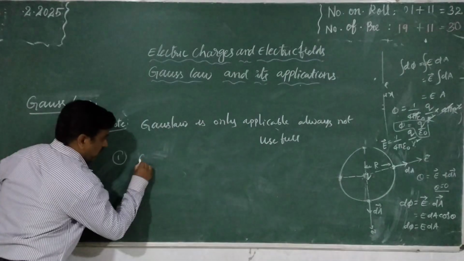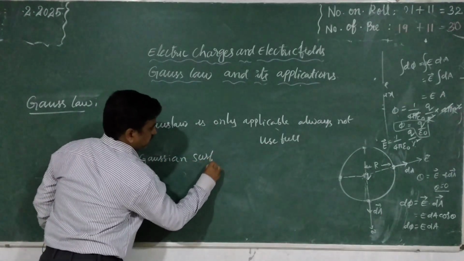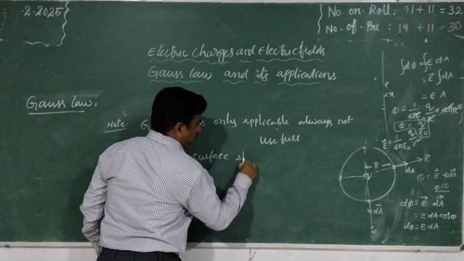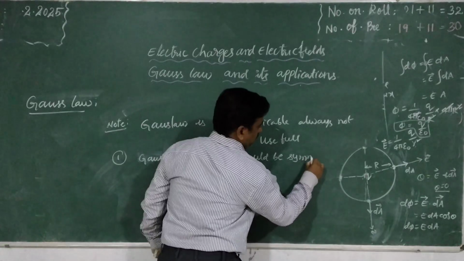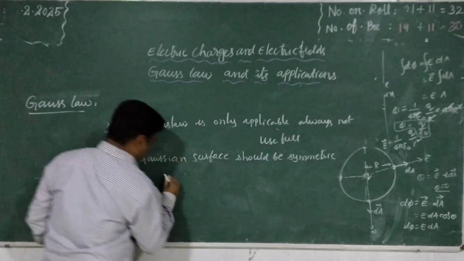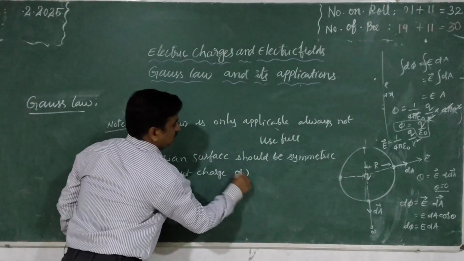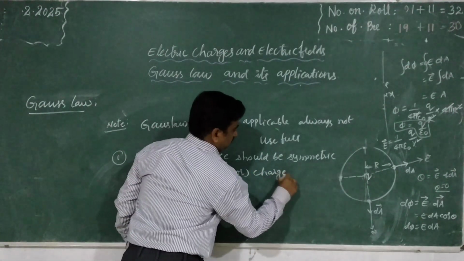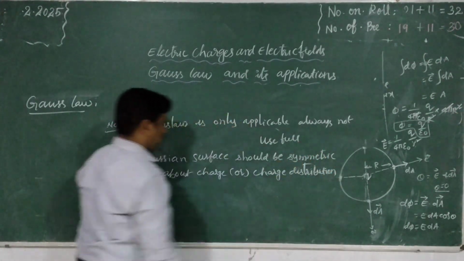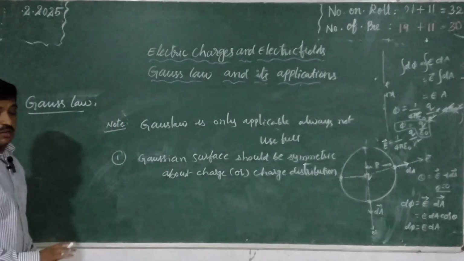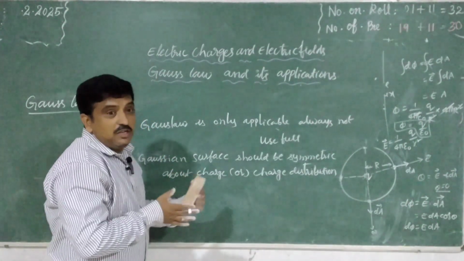On the Gaussian surface, charge will be distributed equally.